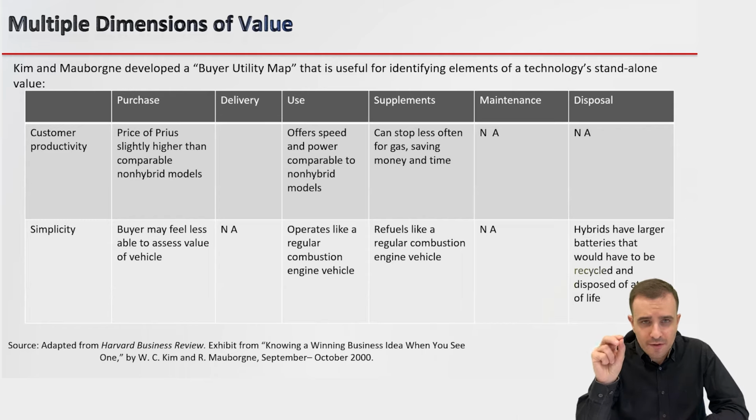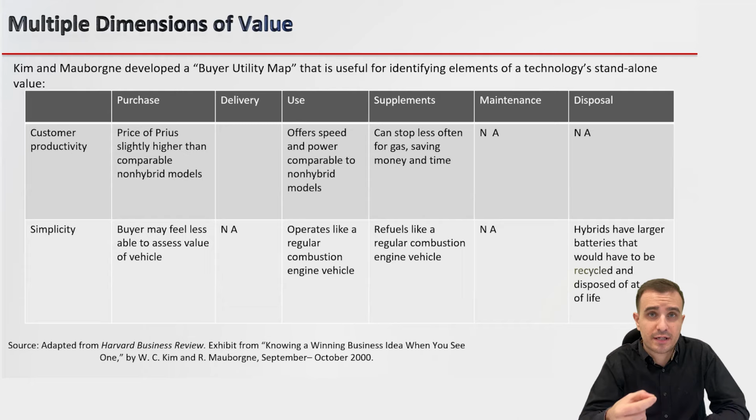By using these six stages of the purchase and consumption cycle, we can evaluate them from different factors. The first factor would be productivity, customer productivity: how this product is satisfying the customer productivity. Productivity is a typical operations management concept.